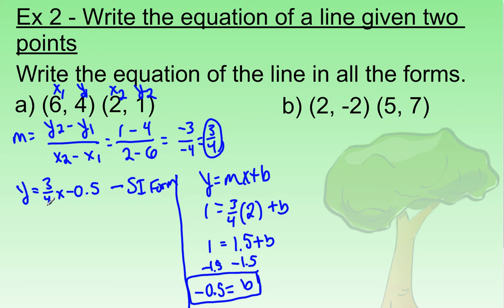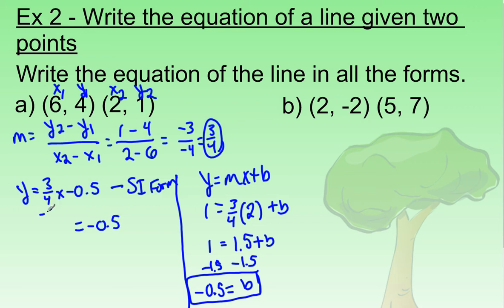Alright, to make this into standard form, we're going to do the standard thing we've been doing the past couple problems and move the x from this side over to the y. So the x's and y's are together, and this poor negative 0.5 will be all by himself.